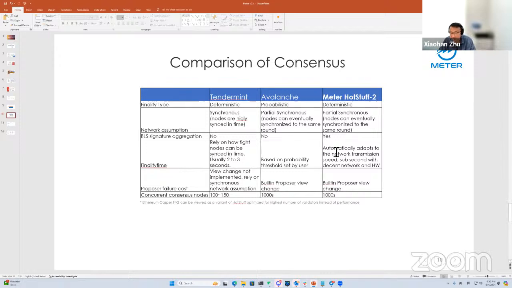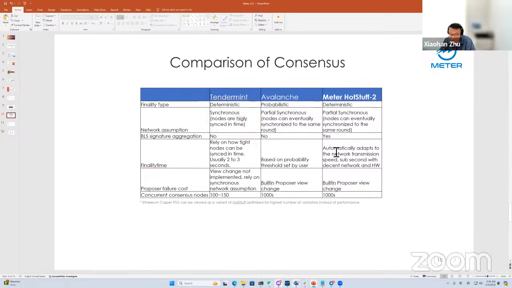So Tendermint took a sort of shortcut. It assumes the network is synchronous, meaning the nodes are highly synchronized in time, so the protocol can assign a fixed time slot for all the validators in the network. Because of such an assumption, the decentralization degree for Tendermint is very limited. You can see most Tendermint-powered networks only have 100 or up to 150 validators in their network.